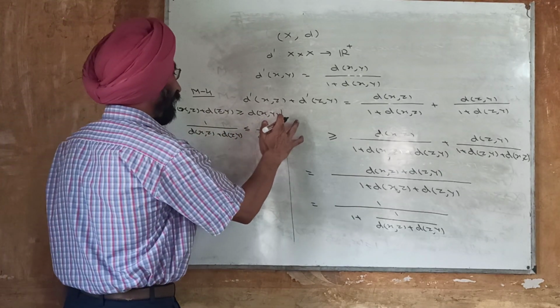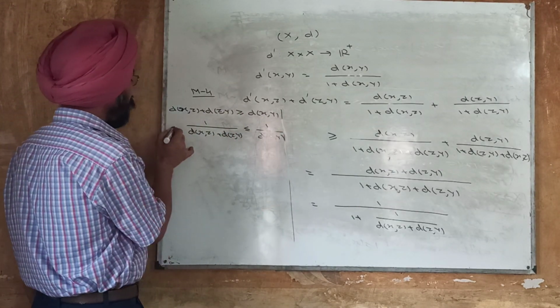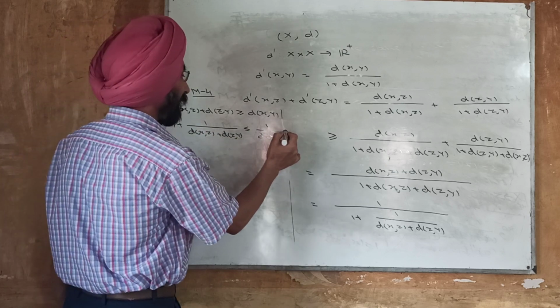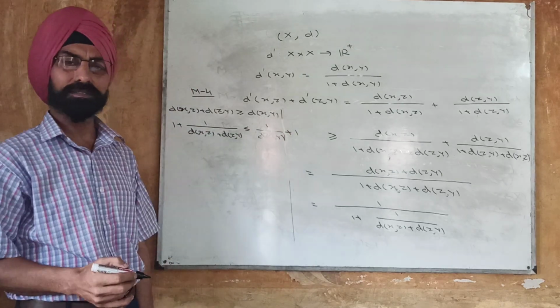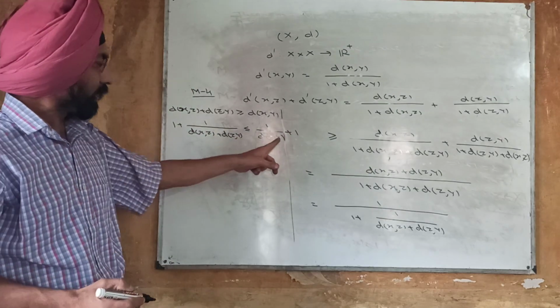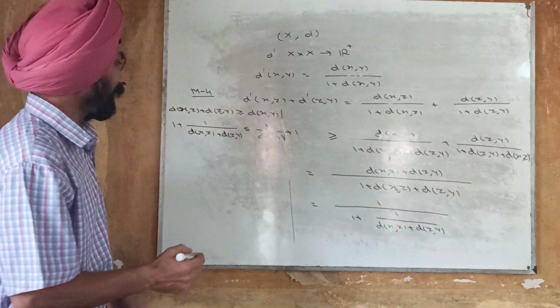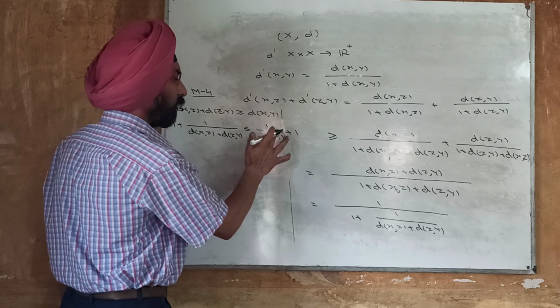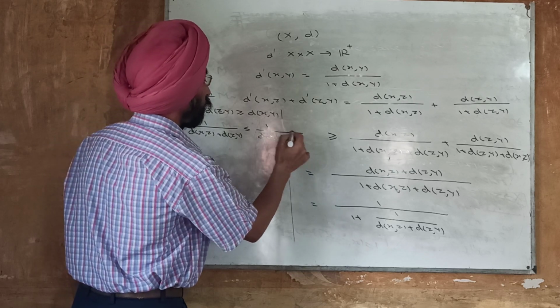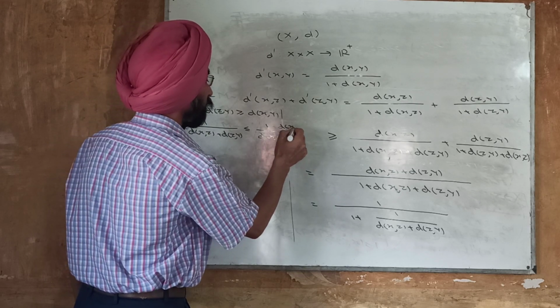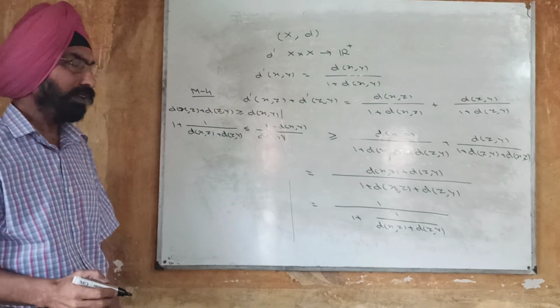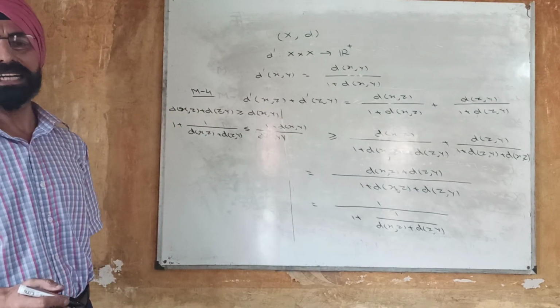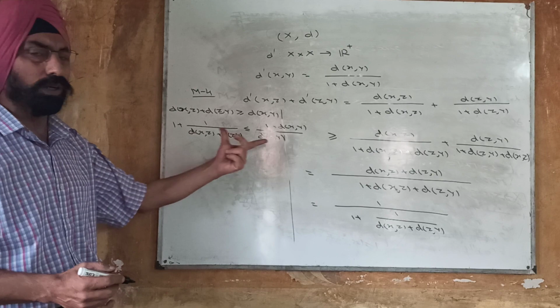And now add 1 on both sides, and take the LCM on the right hand side. So you will get 1 plus d of xy. Once again, take the reciprocal on both sides, as both the quantities are positive.